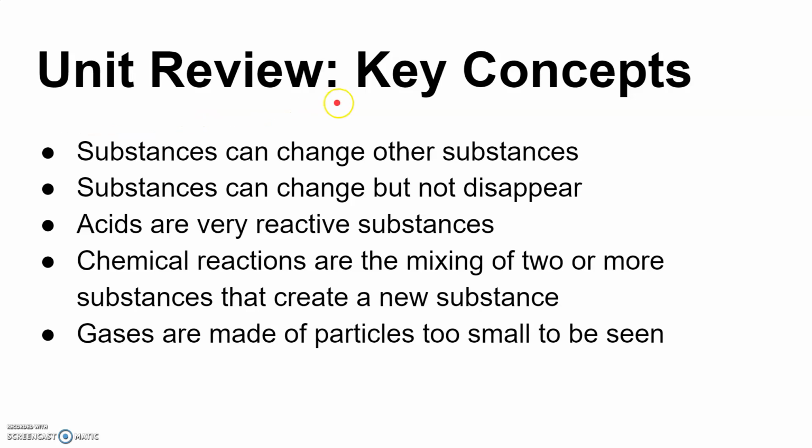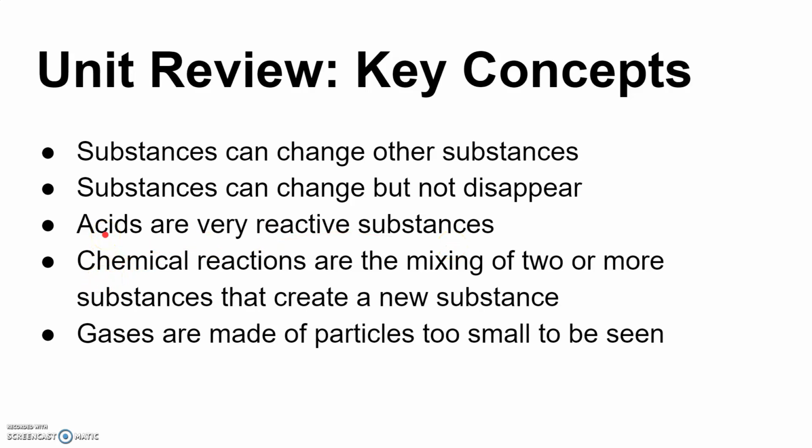So our big review. Everything that we learned about chemical reactions can be summed up right here. Substances can change other substances. Substances can change but not disappear. Anything you make, it doesn't just evaporate. It just doesn't disappear. It's still either in the air, it can be contained, and it can be found elsewhere in the area. Acids are very reactive substances.